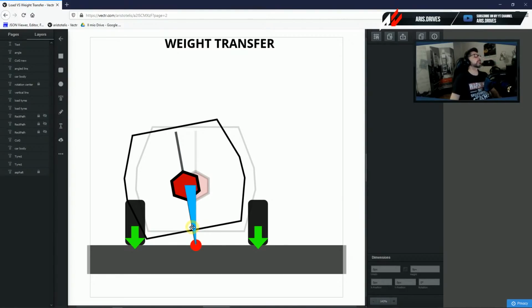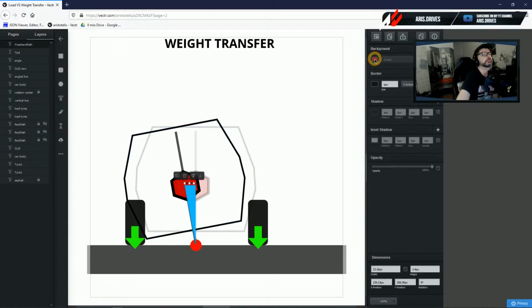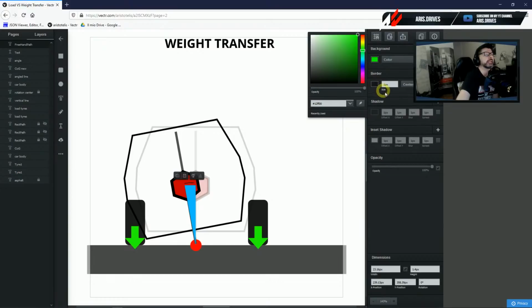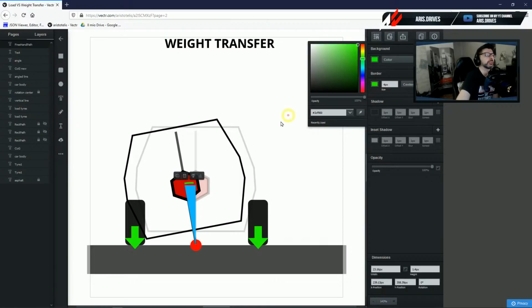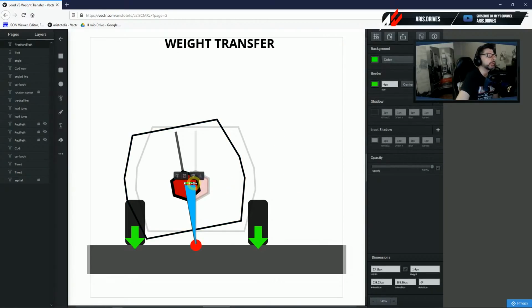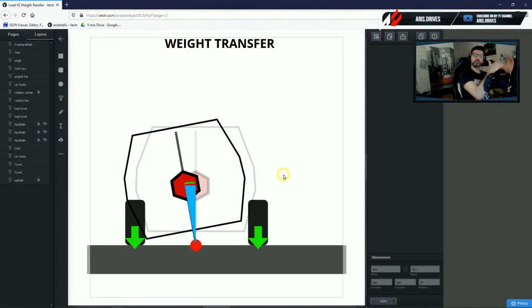So what can we do? We want to find out how much the center of gravity has been moved to one side, so we want to find out this part here. Let's make it green so that we can have a look. We want to know exactly how big the movement is.